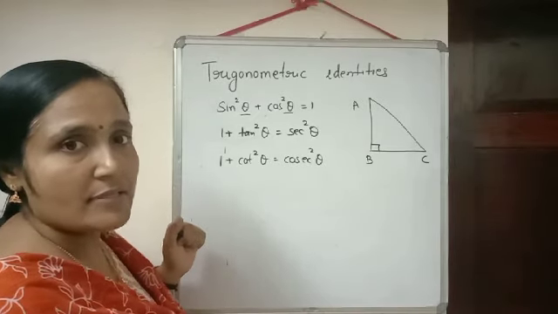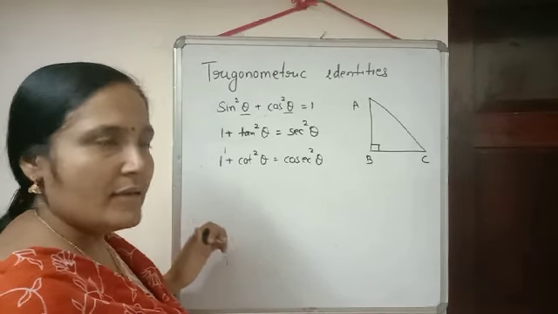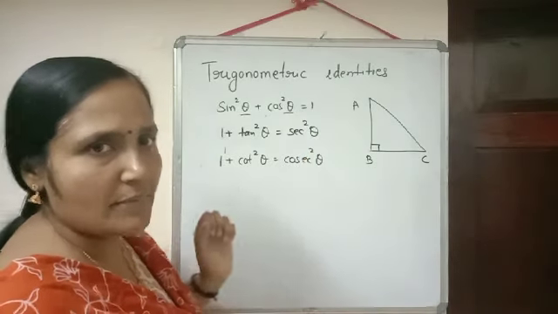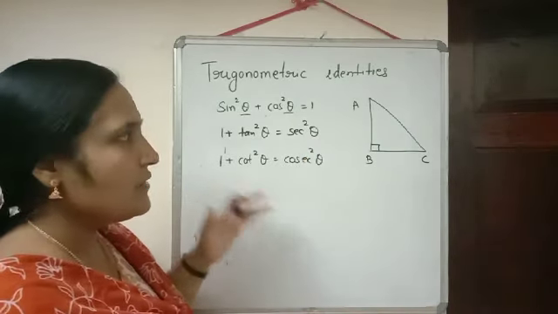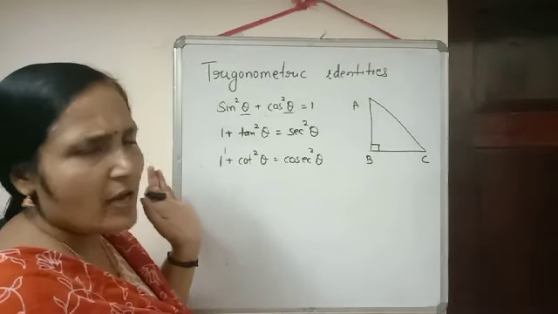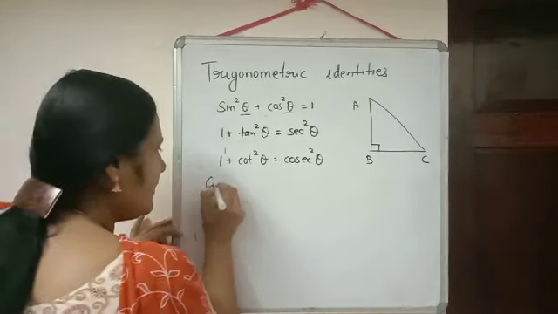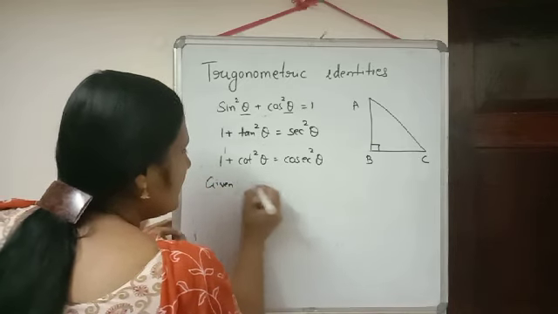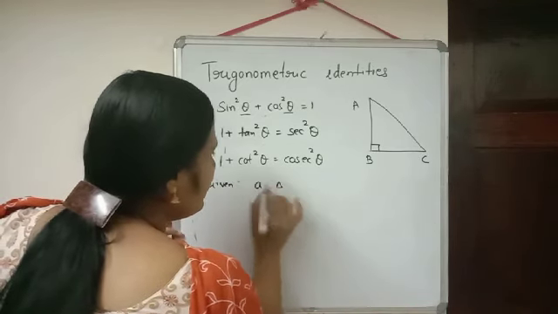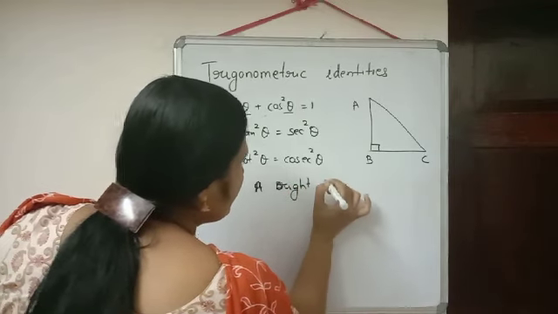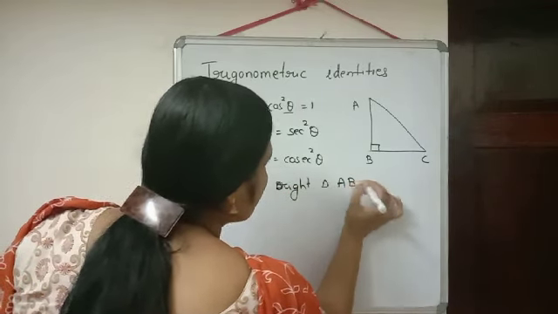By Pythagoras theorem, AC square is equal to AB square plus BC square. We are going to use the concept of Pythagoras theorem, nothing else. So just write down there, given a right triangle ABC.